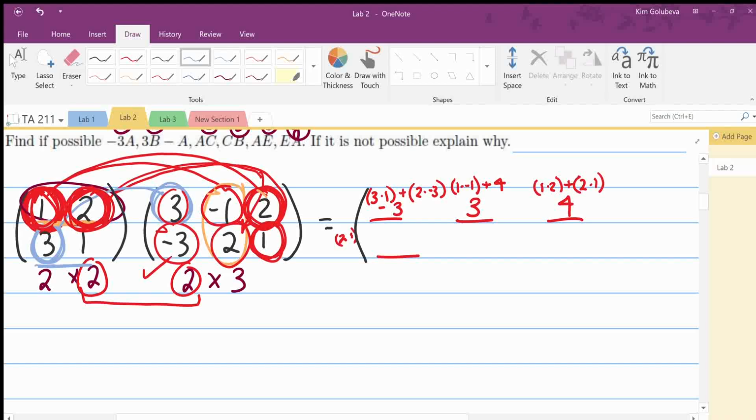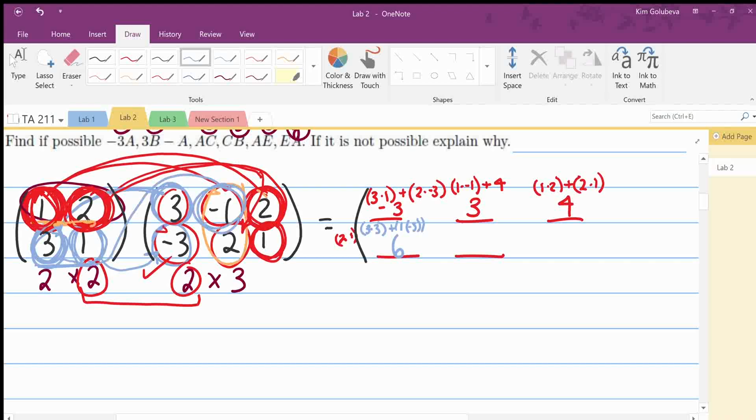Okay, so we're taking this 3, multiplying it by the 3, so we have 3 times 3 plus, then we're taking the second entry and multiplying it by the negative 3, sorry. So we have 1 times negative 3 in here. So we have 3 times 3 minus 3, so we end up with 6. Okay? And similarly for this one, we're taking this 3 and multiplying it by this negative 1.